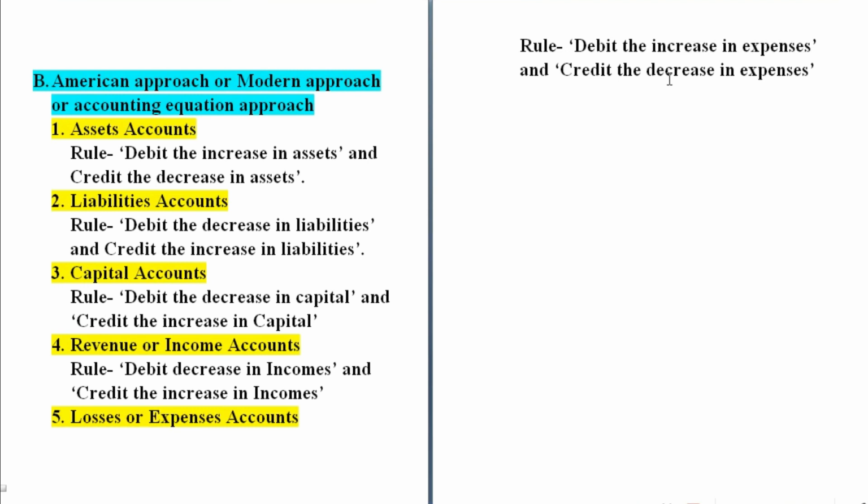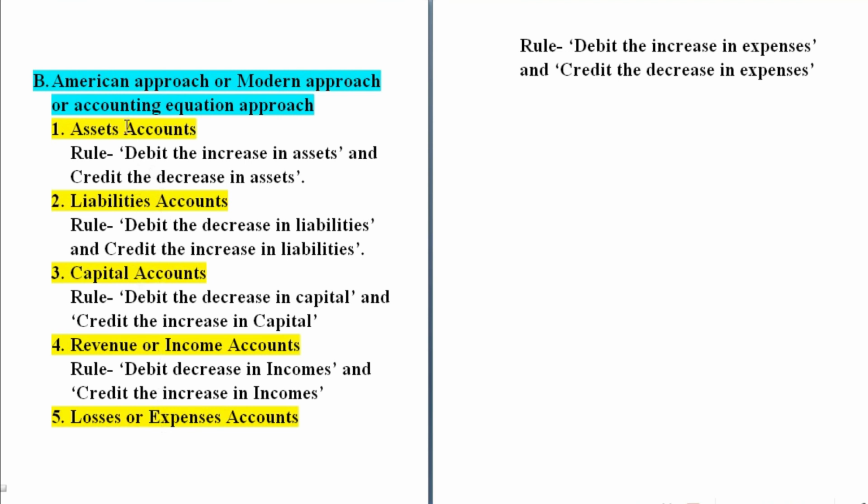Okay, so here which rules are similar? The rules that are similar are your asset and loss or expense, and liability, capital and revenue.